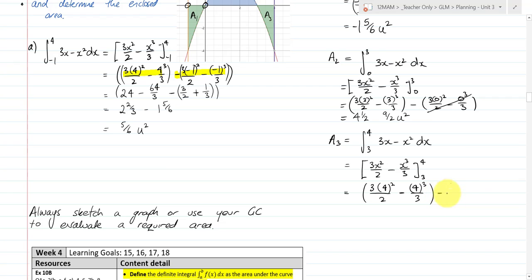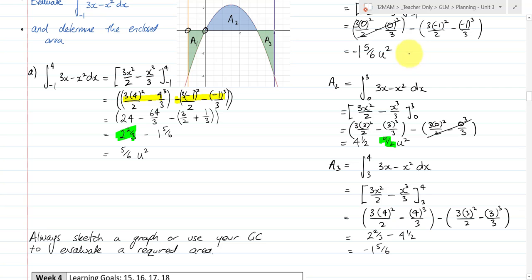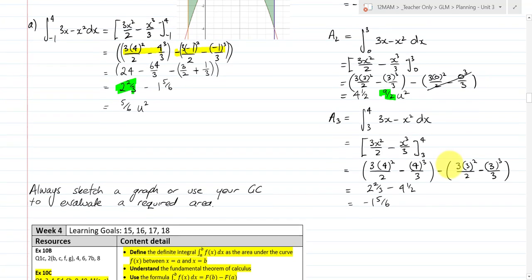That's the 4 substitution. Minus 3 times 3 squared over 2 minus 3 cubed over 3. And this gives us the 4 substitute from earlier, and we've done the 3 substitute earlier as well. So again, don't be afraid to use those values. And that's 2 2/3 minus 4 1/2, which actually gives us negative 1 5/6, as we expected from our earlier calculation of A1. But it's always good to verify that sometimes.